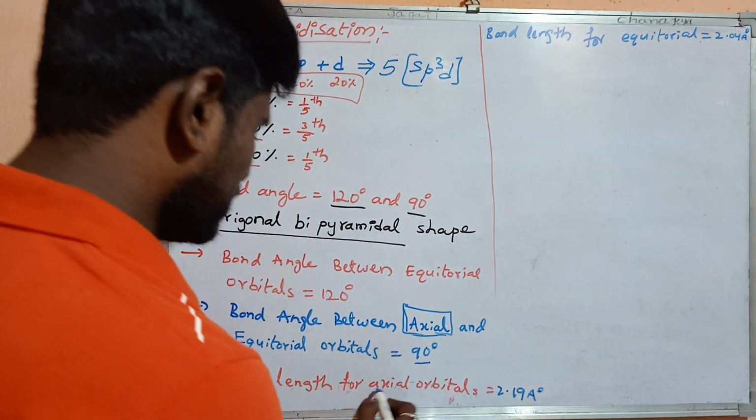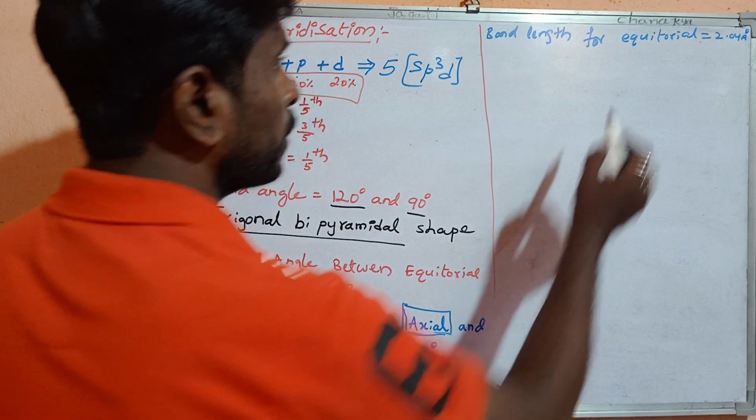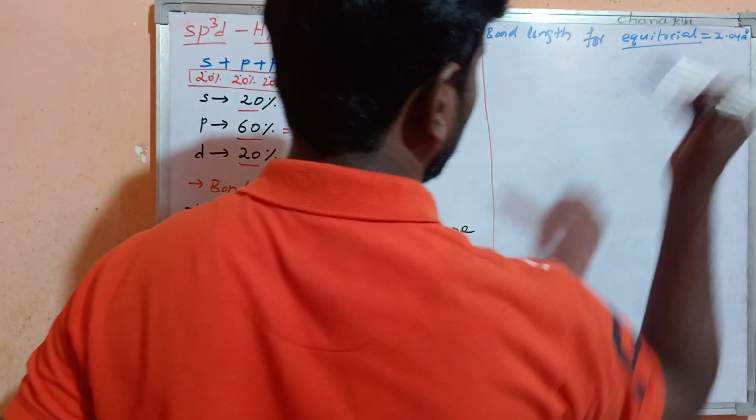That's why axial bond length is more, equatorial bond length is less.